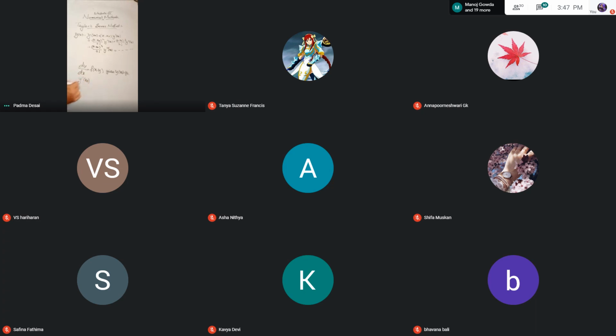It's not y dash of x naught, it's just y dash of x. What is y of x naught here? It is the given condition, nothing but y naught. So you substitute the x naught value. Y dash is given in the question. But how do you find y double dash? Differentiate y dash again. You will get y double dash, y triple dash, fourth derivative, and hence till whatever the accuracy the question asks for.